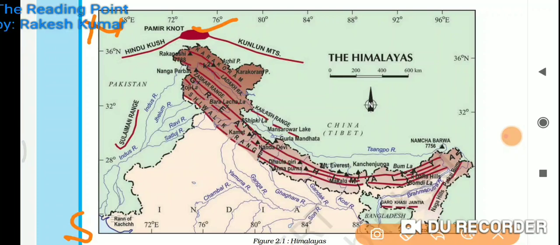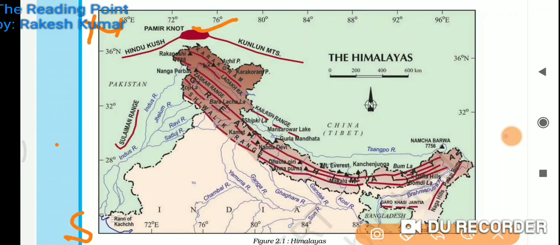The Karakoram mountains lie between the Pamir Knot and the Indus river in Jammu and Kashmir. They stand eastward from the Pamir Knot for about 800 km. This region has many glaciers such as Baltoro and Siachen, and a number of snow-covered mountain peaks.